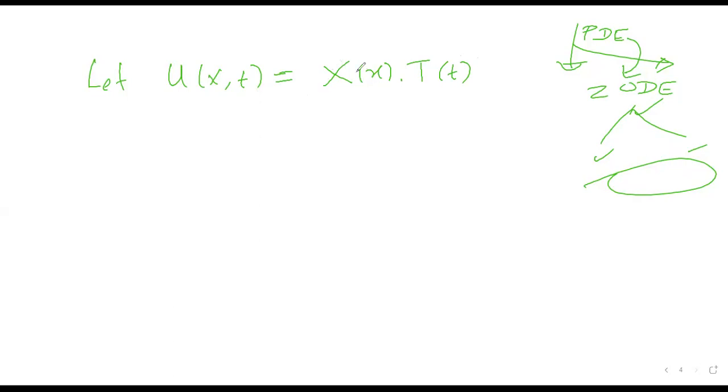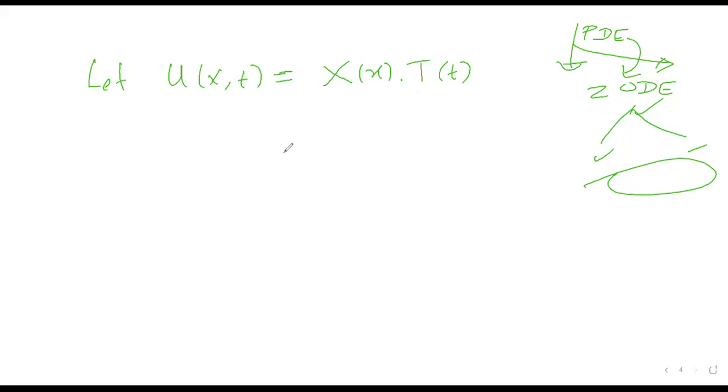X is a function that depends on x, and T is a function with respect to t. Two functions have been multiplied separately, for my partial differential equation. I'm taking this to get our separation of variables. This is the process.